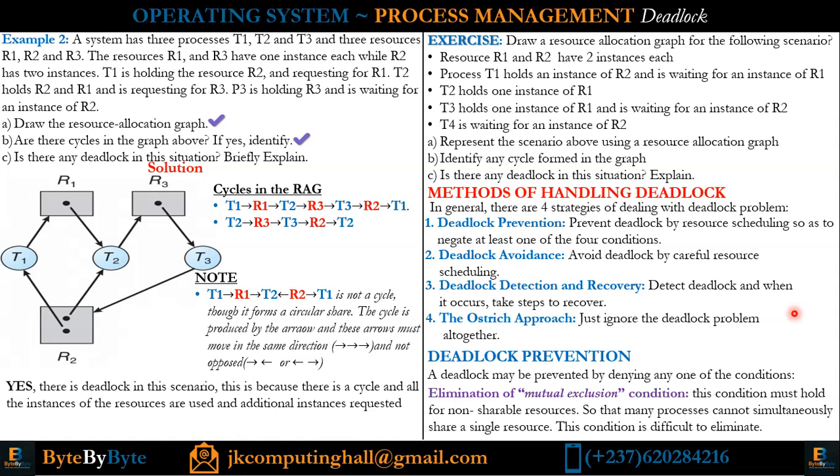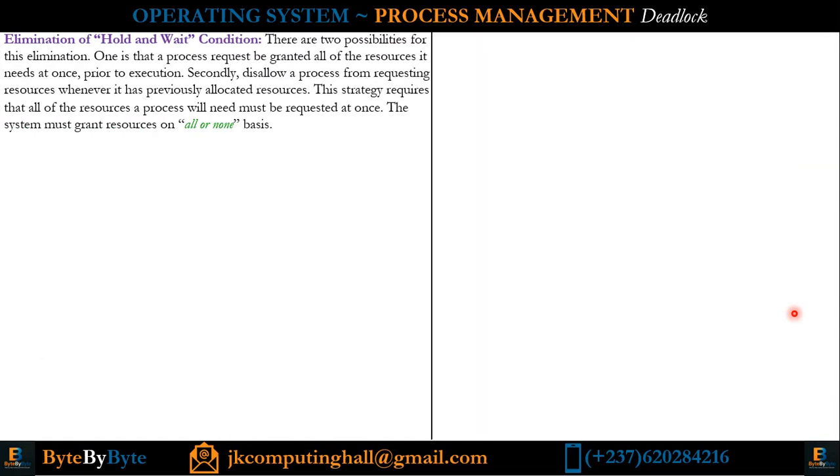So for us to prevent deadlock, we need to eliminate one of the four necessary conditions, and when it comes to mutual exclusion, we should make sure that the condition holds only for non-shareable resources. In such a way, many processes will not be able to simultaneously share a single resource, thereby avoiding this particular condition. The next one, we should eliminate the hold and wait condition.